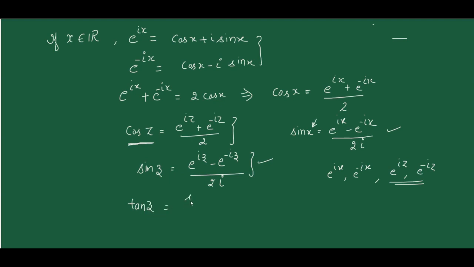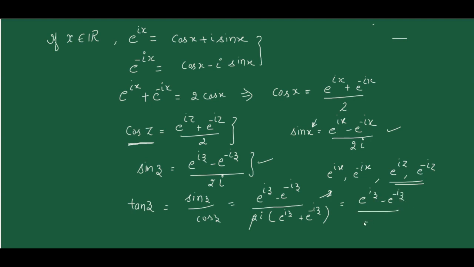Just divide sin z by cos z. Then you have e raised to power iota z minus e raised to power minus iota z divided by 2 iota, over e raised to power iota z plus e raised to power minus iota z divided by 2. The 2 cancels, so we have e raised to power iota z minus e raised to power minus iota z divided by e raised to power iota z plus e raised to power minus iota z, and iota here.